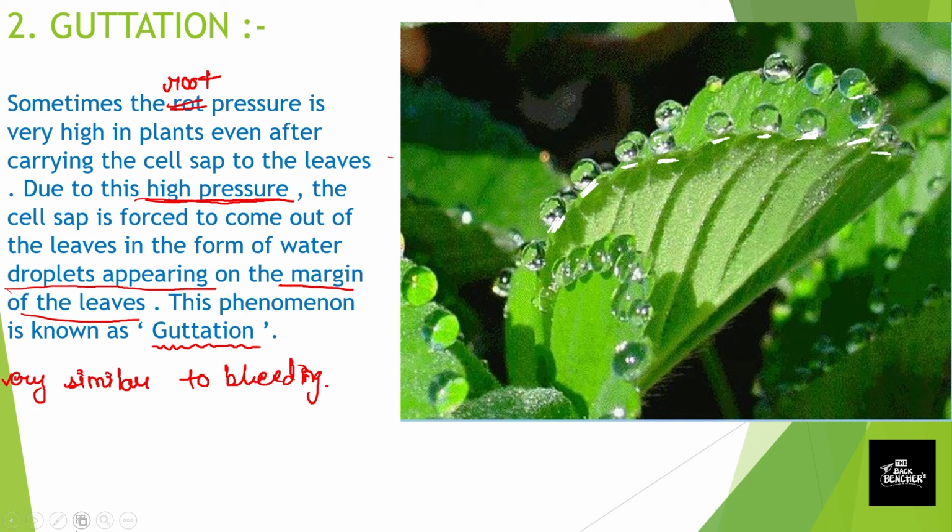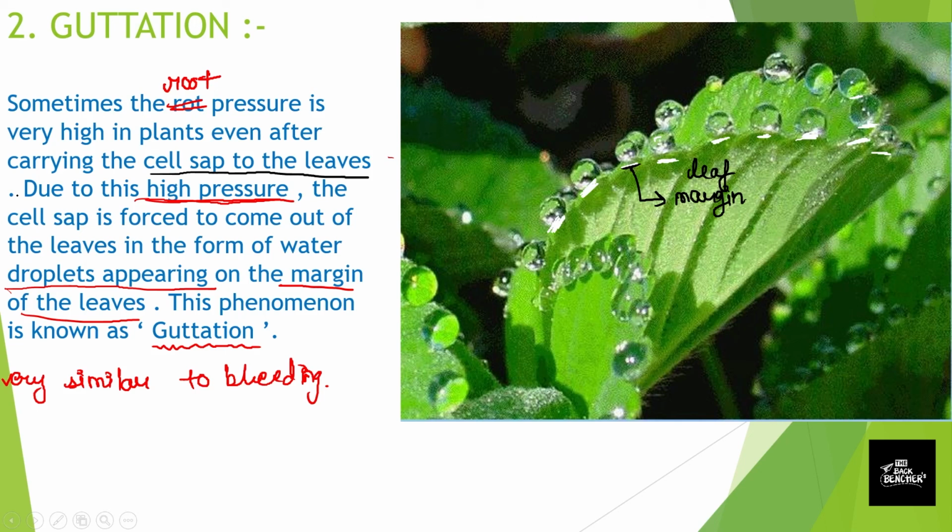So let me just mention that for you all in the diagram. These areas are the margin of the leaves. They are the leaf margins, and these are the water droplets. Simply, that is what is called guttation. So when the root pressure is too high in plants, even after the cell sap has reached the leaves, that pressure continues to be there.